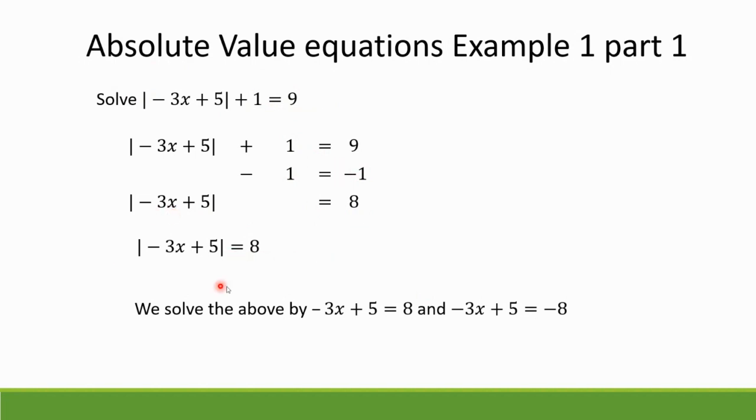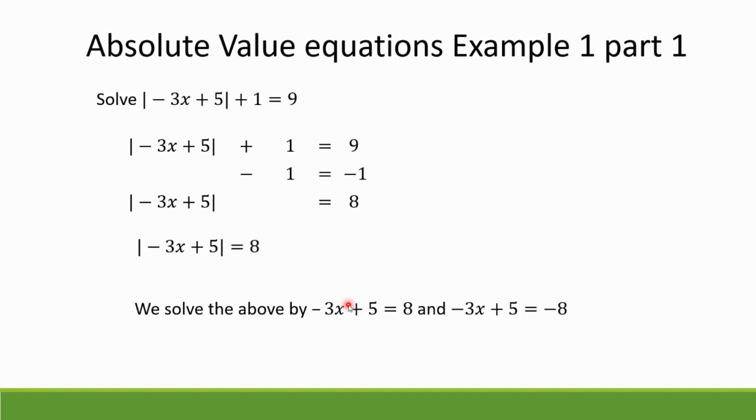So now we have this to deal with. Now remember, with absolute value, an equation like this, you're going to get 2 other equations. We have negative 3x plus 5 in absolute value equals 8.